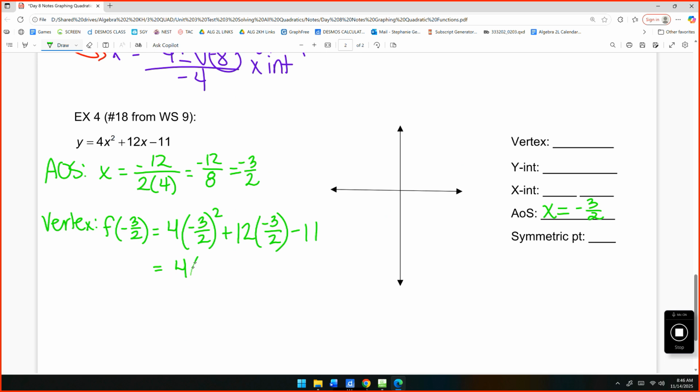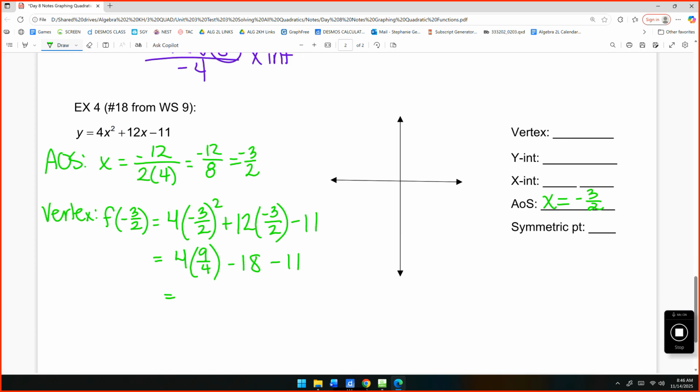So I've got 4 times 9 over 4, and then 12 times negative 3 over 2 is negative 36 over 2, which is negative 18, minus 11. And then 4 times 9 over 4, these just cancel. So we have 9 minus 18 minus 11. Negative 20? Cool, that sounds fun to graph. Negative 3 over 2, comma, negative 20.